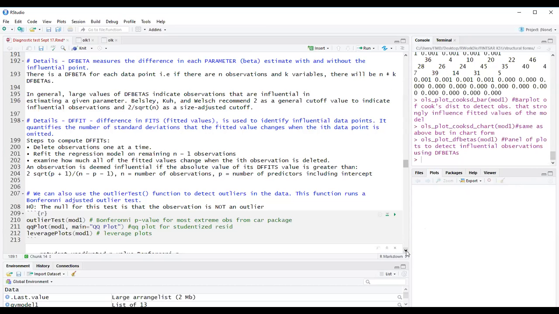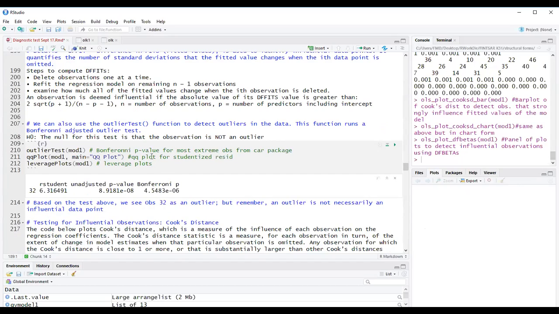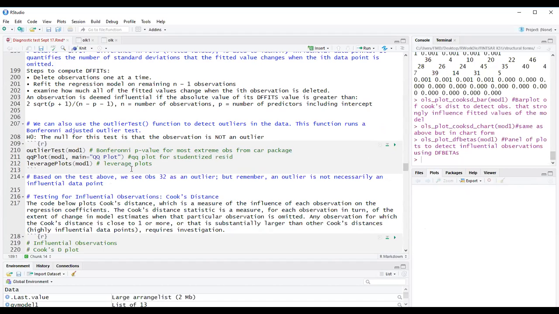All right. Merong test na pwede natin malaman kung significant yung outlier. Okay? Ito. We can also use the outlier test to detect outliers. Pero outlier pa lang to, guys. Itong function na to makes use of Bonferroni adjusted outlier test. Ang null hypothesis is that the observation is not an outlier.